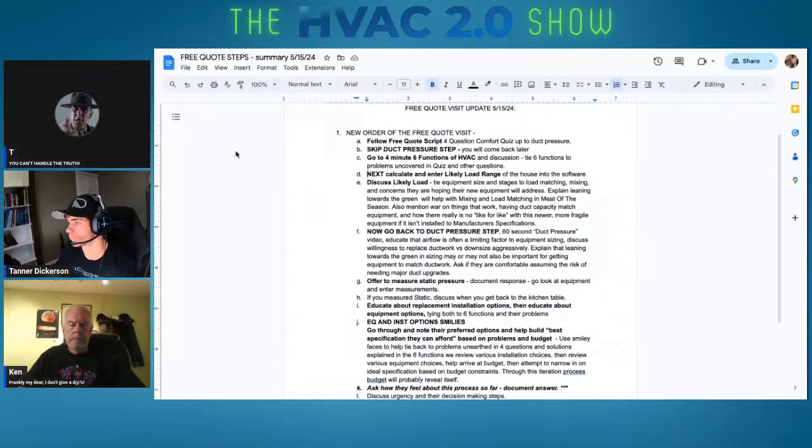because what I've done is a newer likely load range spreadsheet that shows people the range of the green, which I think is going to be helpful, because right now it just sort of gives you a general idea of what the green is and the yellow and the red, instead of giving you the actual calculation.